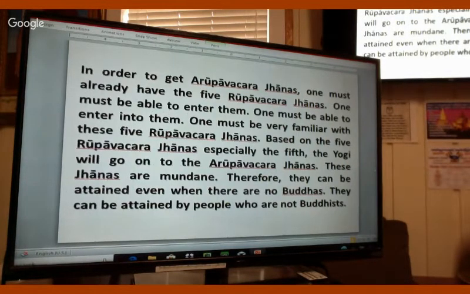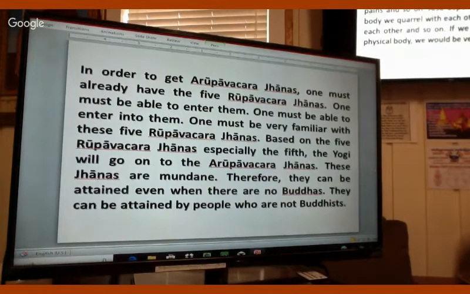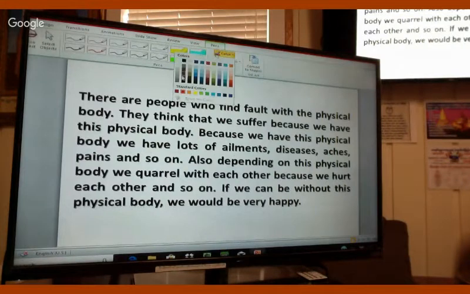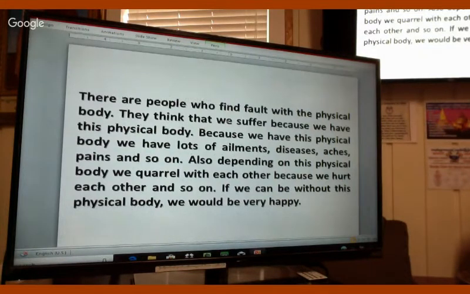Okay, so that person needs to upgrade his mind, because these people find fault with the physical body. Because of the physical body, we suffer a lot. They hate the physical body.